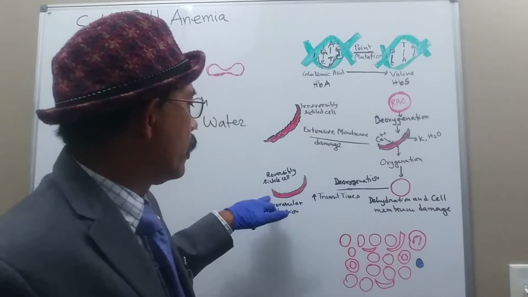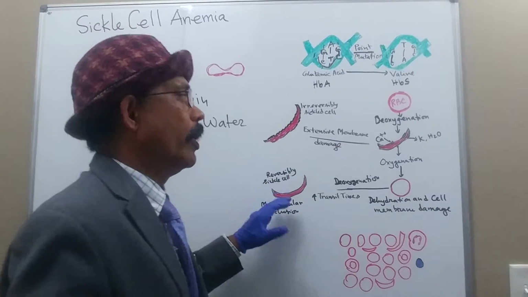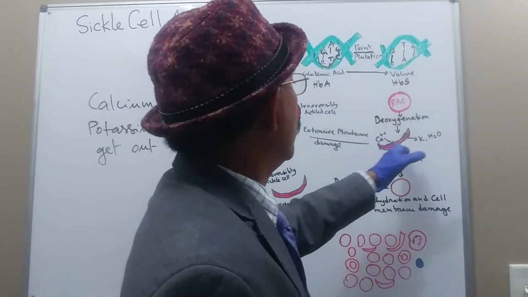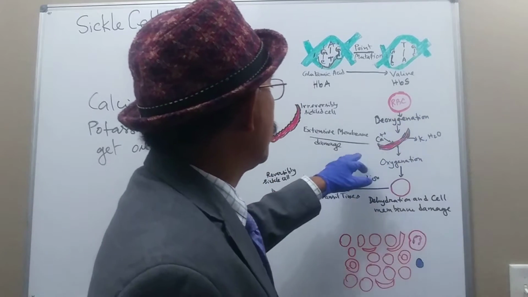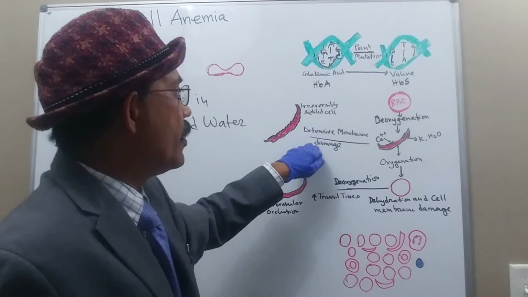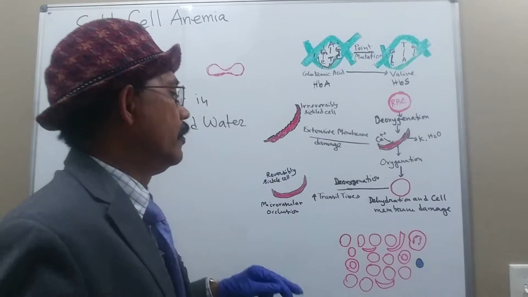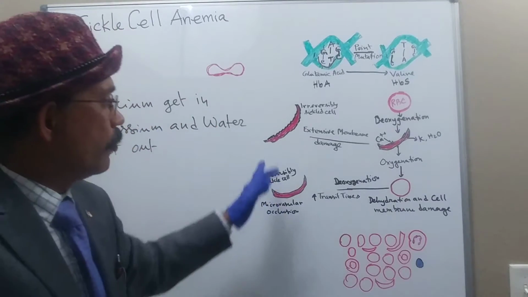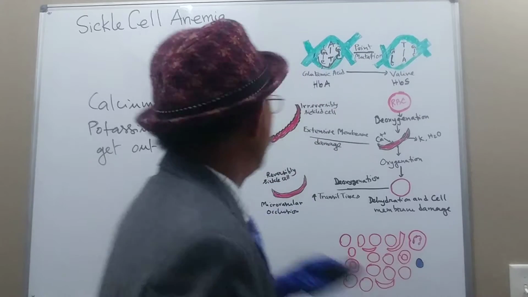It will be permanently converted into sickle shaped. Another way, the RBC due to deoxygenation becomes sickle shaped due to extensive membrane damage. There may be irreversible sickle cells. Both of them have a tendency to adhere to the endothelium.